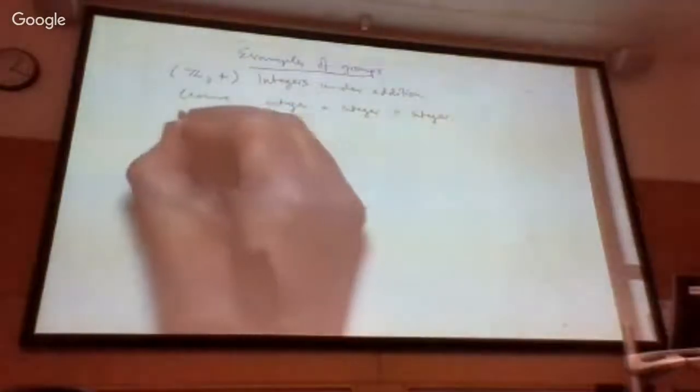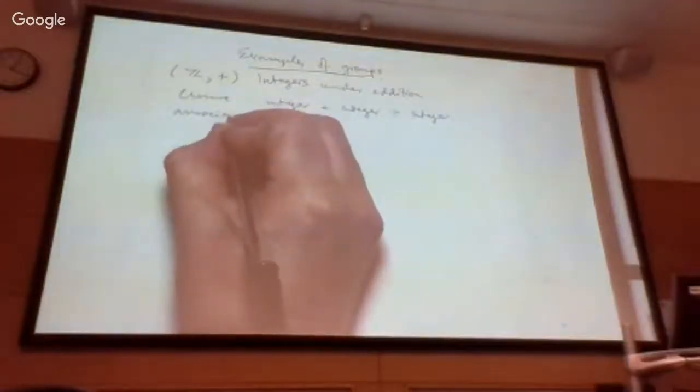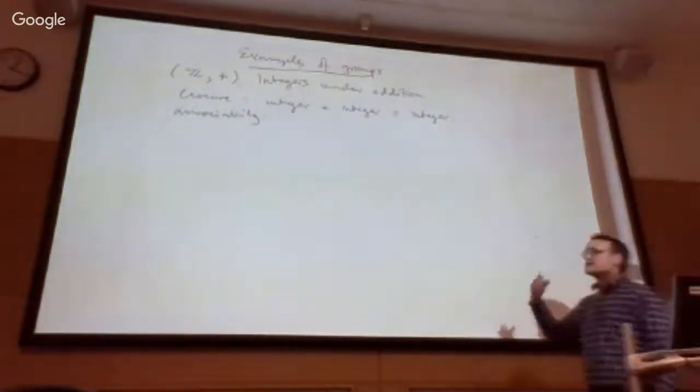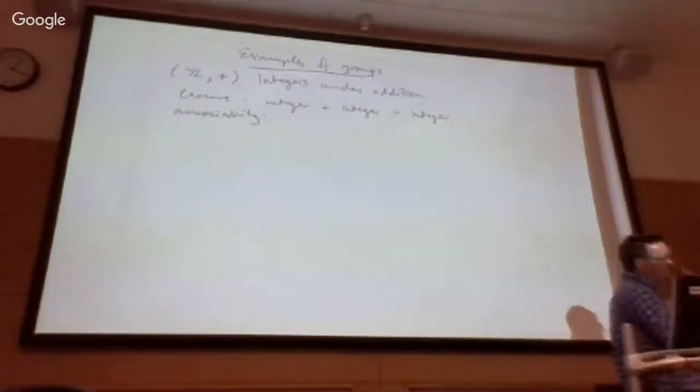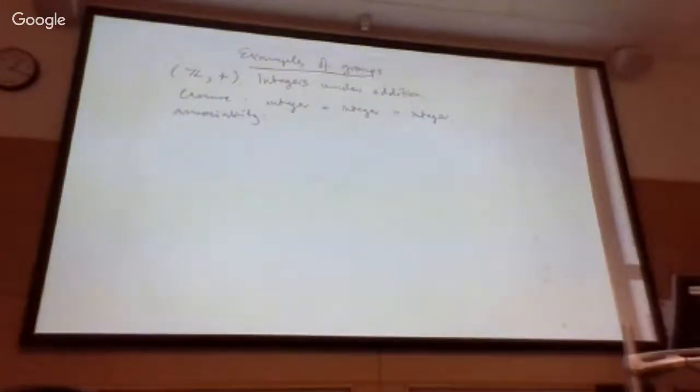Second group axiom was associativity. Well, you won't think about how it's proved formally from some kind of axiomatic system, but you're very familiar with the fact that addition of all number-like objects is associative. Addition of integers, addition of rational numbers, addition of real numbers. You've been using that all the time.